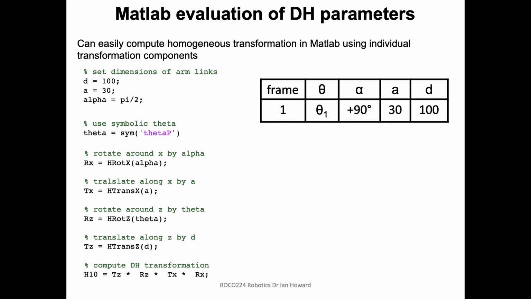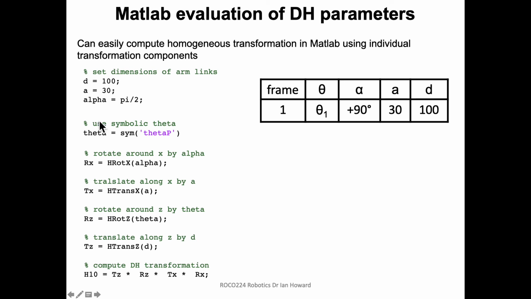Let's look right at the bottom first. It's going to be a rotation round x, translation along x, rotation round z, translation along z, in that order, to come up with this transformation, where the rotation around the x-axis is by alpha, the translation along x is by a, the rotation around z is by theta, and the translation along z is by d.